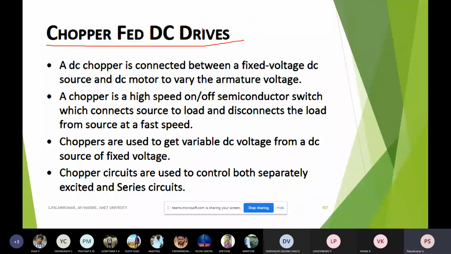Whenever I say DC drive, it doesn't mean the DC motor alone. It includes all the associated components, including the load, the sensing unit, and the controlling unit, and how I can give the input. It is a combination of all the appliances, devices, and circuitry arranged in a sequential manner to perform a fixed task. That is the purpose of going for a DC drive.